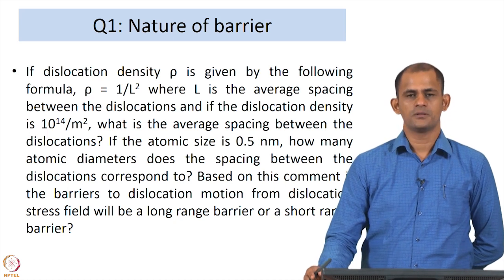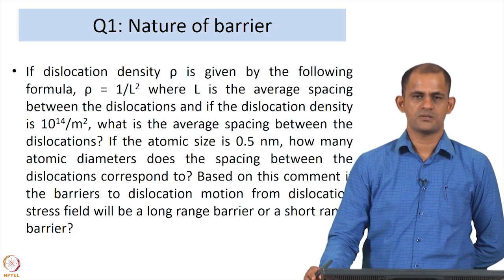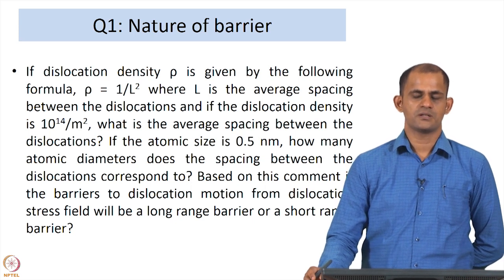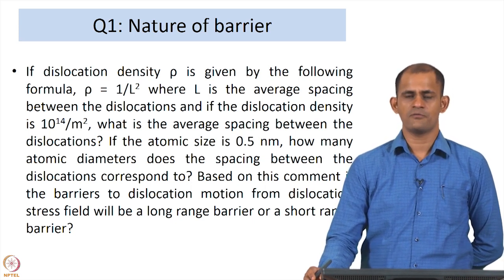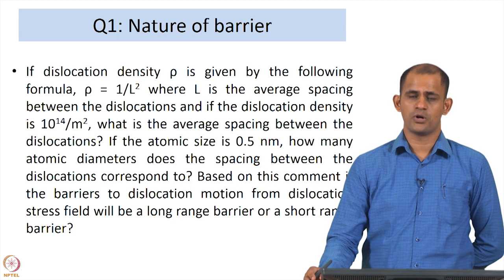If you recall, long range barriers are those which cannot be overcome by thermal fluctuations, whereas short range barriers are those which can be overcome by thermal fluctuations. And we also talked about long range barriers being of the order of hundreds of atomic diameters.